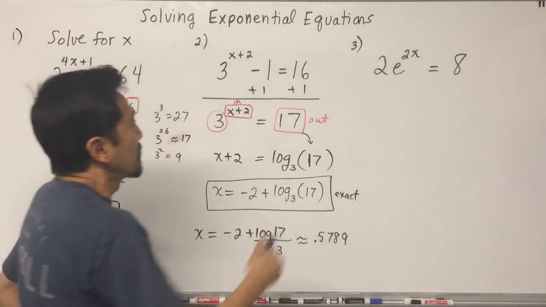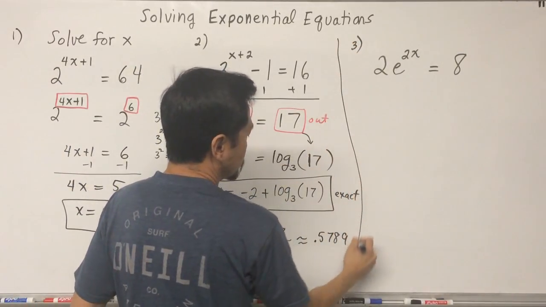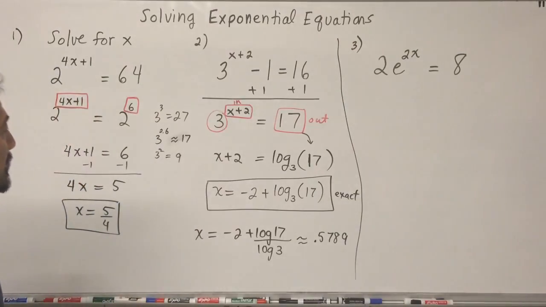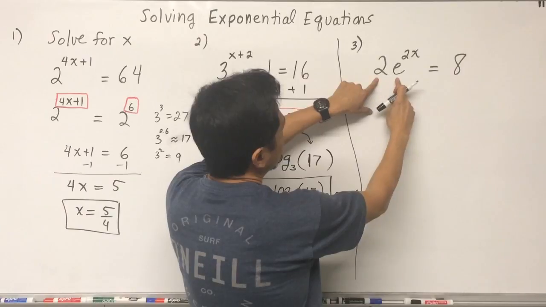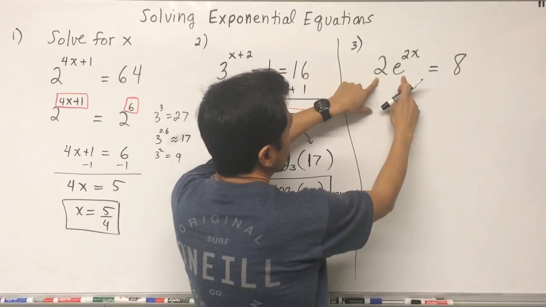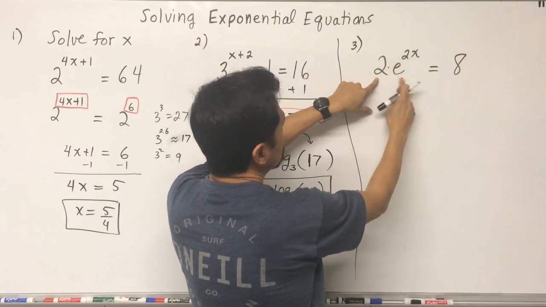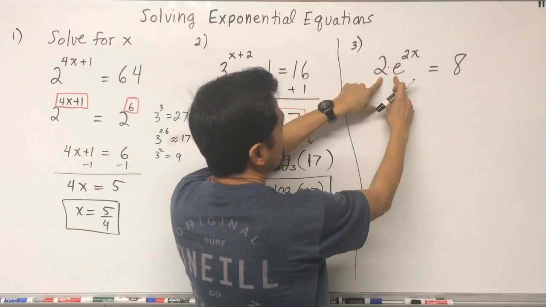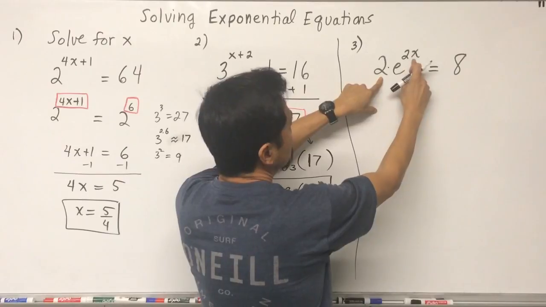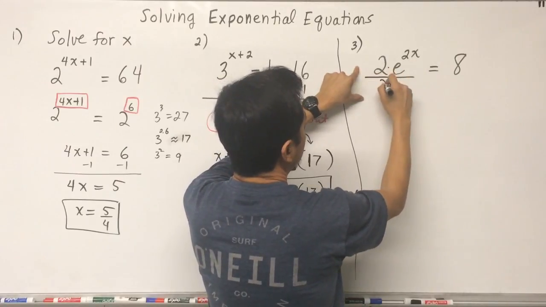Okay? Now the last example, we again have to isolate this exponential function because we're being multiplied with 2. The order of operations would not allow me to perform that multiplication before the exponents. Okay, so we're going to divide it out.